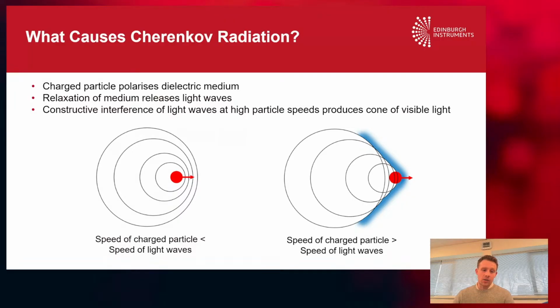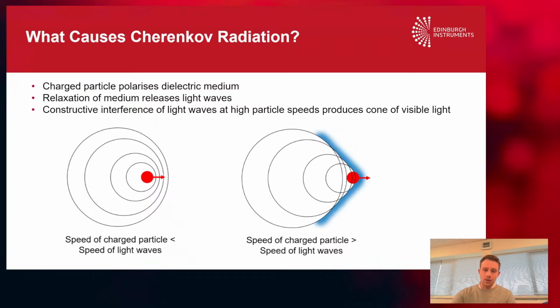When the speed of the particle is less than the speed of those light waves, they will be released and they never touch each other. However, if the speed of the particle is greater than the speed of the light waves, they're generated faster than they can move away from each other. This will cause them to overlap, and it's this constructive interference of these light waves that generates a cone of visible light behind the particle.